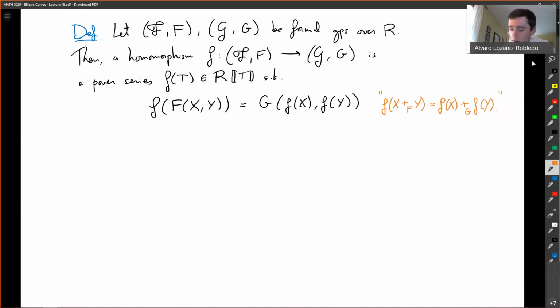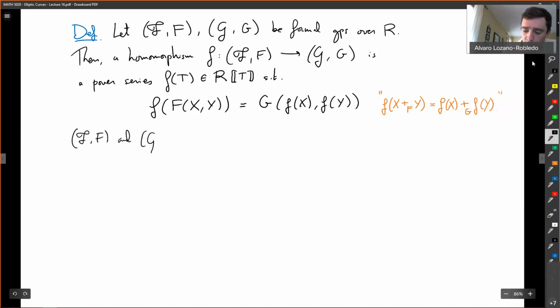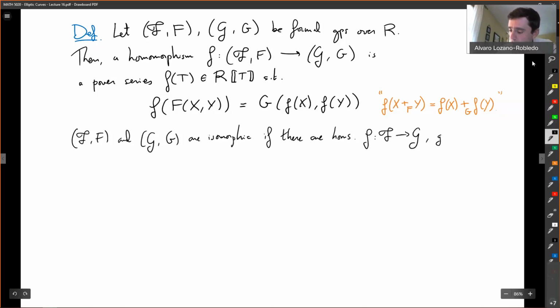And then we say that two formal groups are isomorphic if there are homomorphisms f from F to G and g from G to F such that they're inverses of each other.